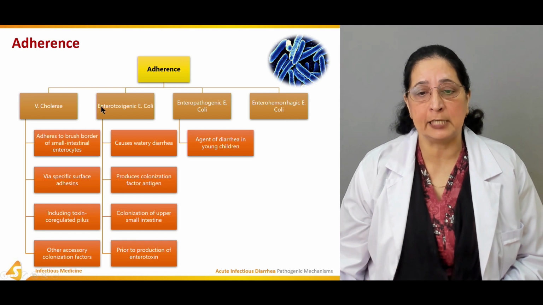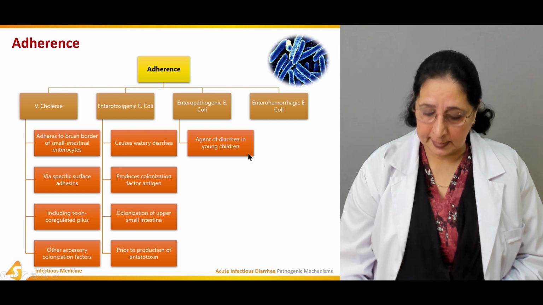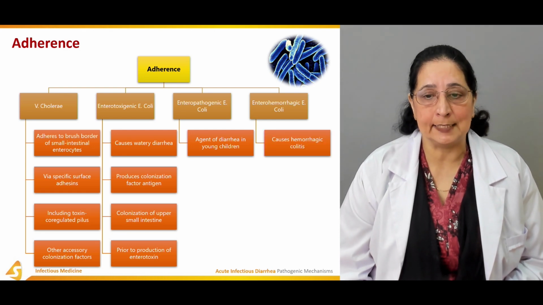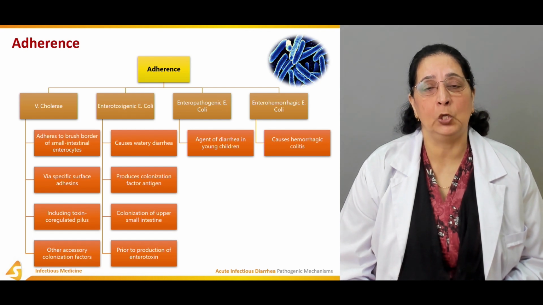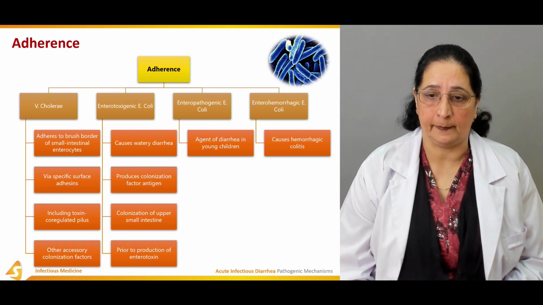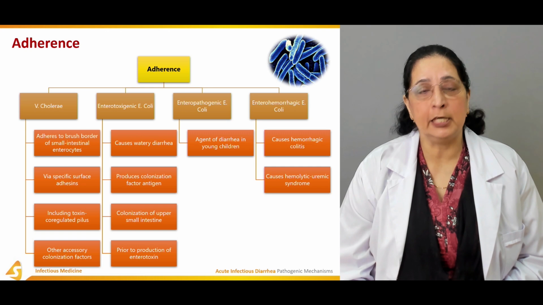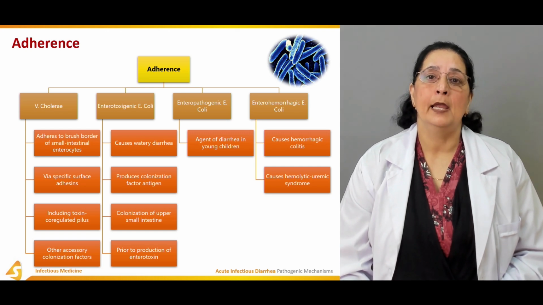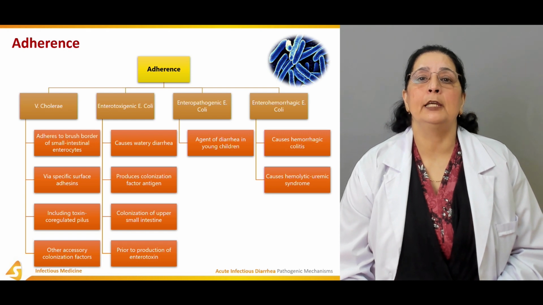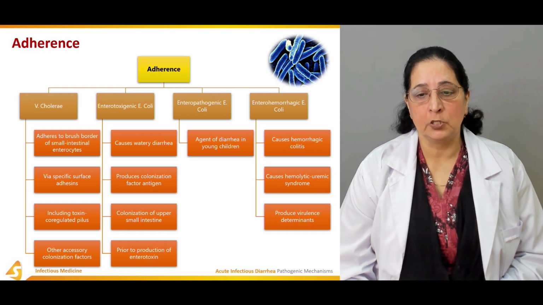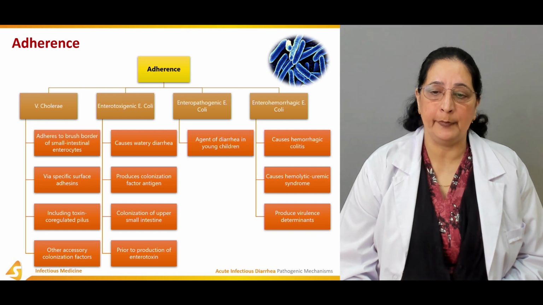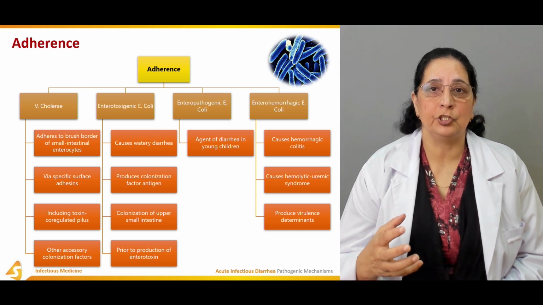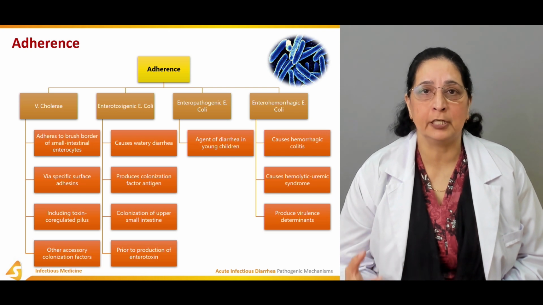And then we have enteropathogenic, mostly in young children. Enterohemorrhagic E. coli causes hemorrhagic colitis, or inflammation of the colon or large intestine. It also causes hemolytic uremic syndrome. It produces virulence determinants, which are the characteristic features of enterohemorrhagic E. coli.